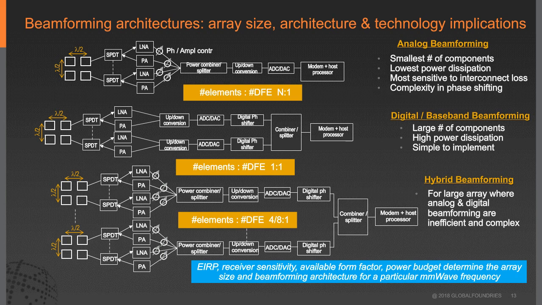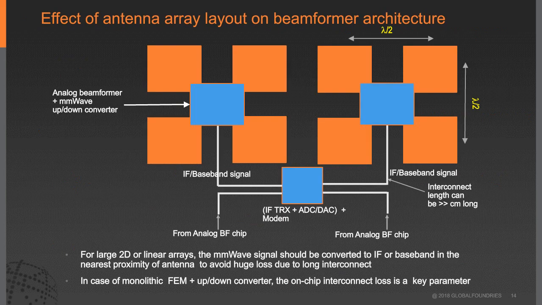Now I'm going to talk about the effect of antenna array layout on the beamforming architecture. This is very critical because we are talking in mmWave, so extremely high frequencies, extremely high interconnect losses. So the placement of your front-end module with reference to your phased array elements is extremely critical, and that's what's shown out here in the slide.